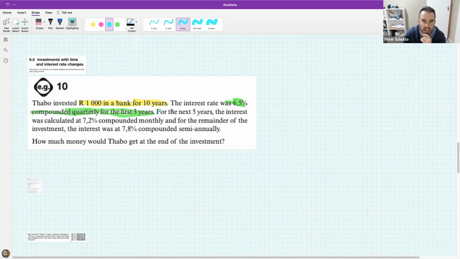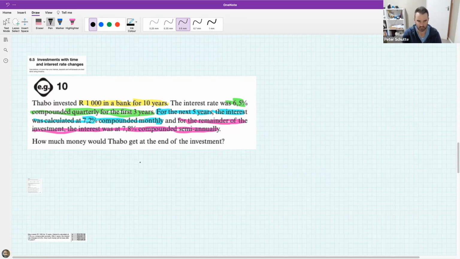Then for the next 5 years, the interest rate was calculated at 7.2% compounded monthly. And then for the remainder, however long that was, the interest was 7.8% compounded semi-annually. So what we notice is we have 3 different interest rates.